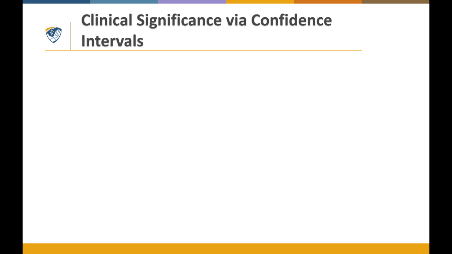It might not be exactly 5, but it's going to be somewhere between that 3 and 7%. And so we can use these confidence intervals as a way to set up a range of possible responses that could be important or could not be important.